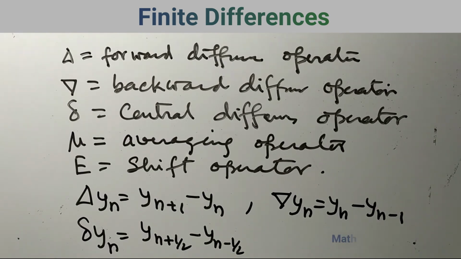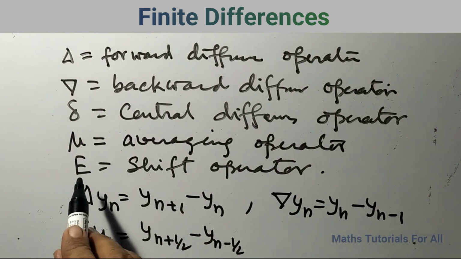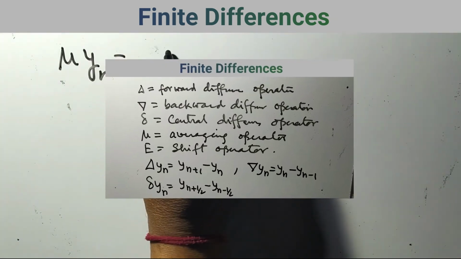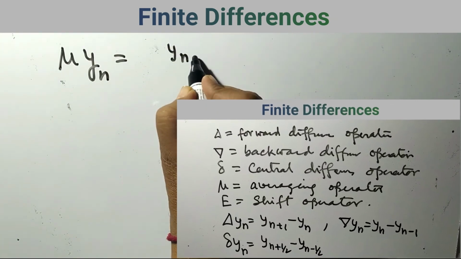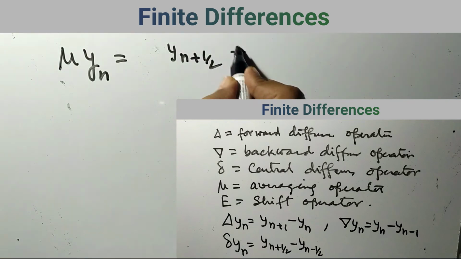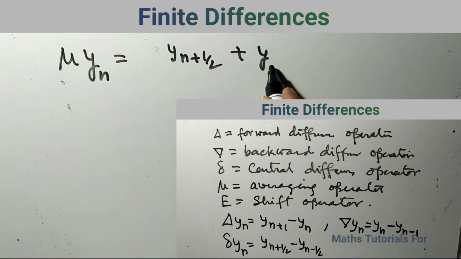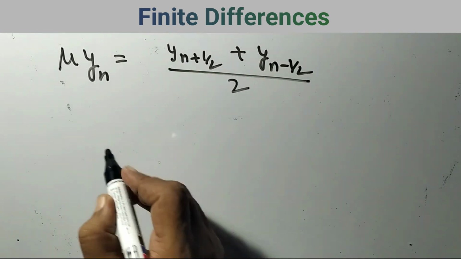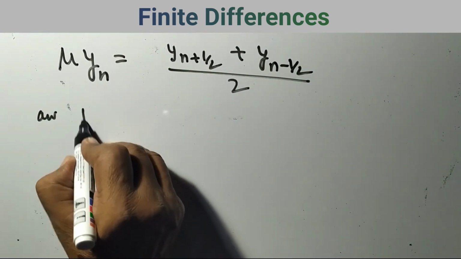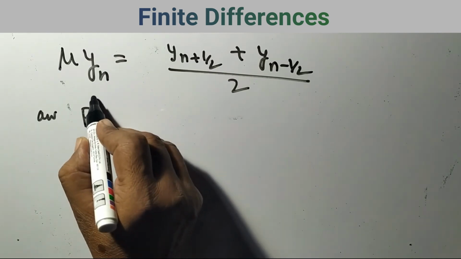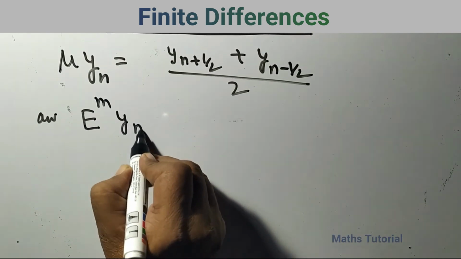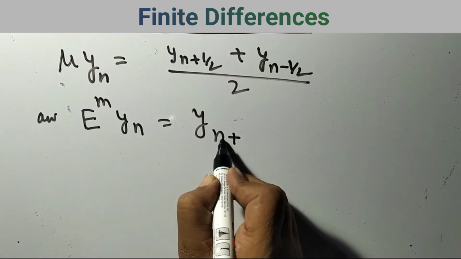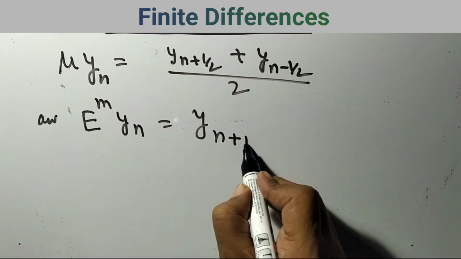And another two operators are mu, the averaging operator, and E, the shift operator. Mu yn is the averaging operator, that means (y(n plus half) plus y(n minus half)) by 2, and E is a shift operator, E yn equal to y(n plus 1), the nth place is shifted by n, y(n plus n).